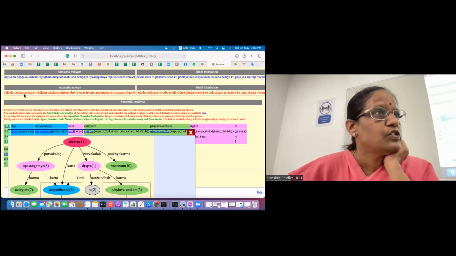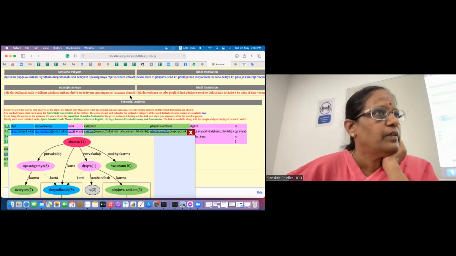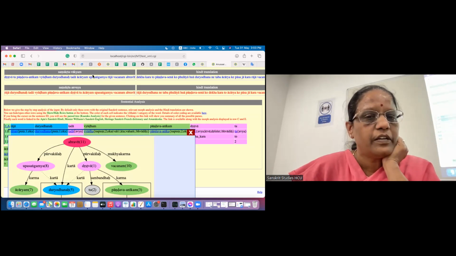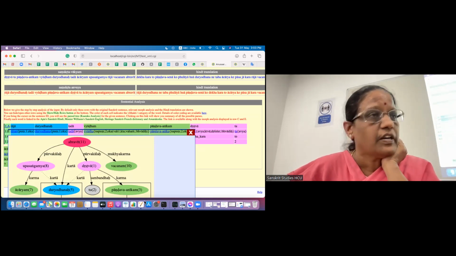It has given the prose format. Raja Duryodhanah tada vyudham Pandavanikam drishtva tu acharyam upasangamya vachanam abravit. So this was poetry, and the machine has now converted it to prose and also produced the parse structure.